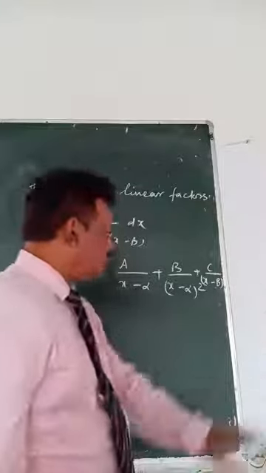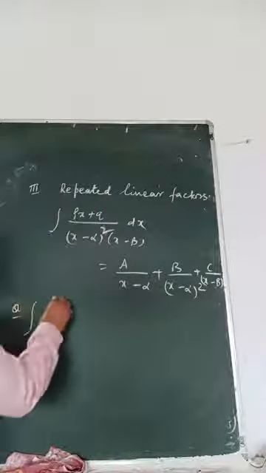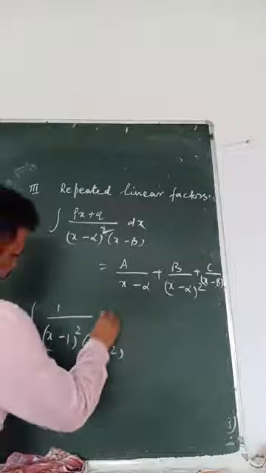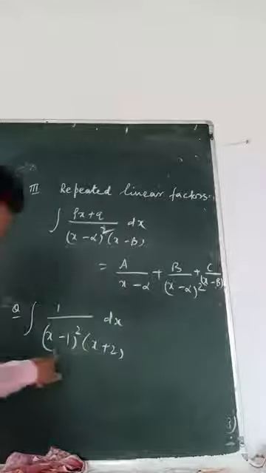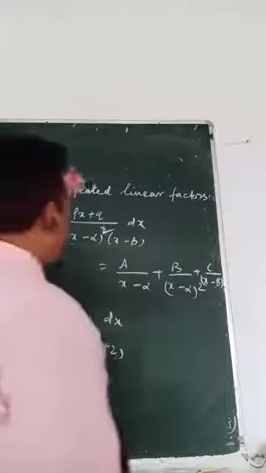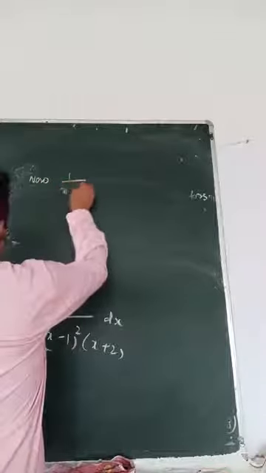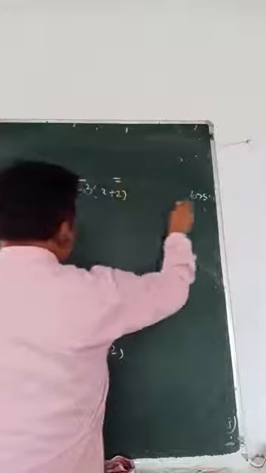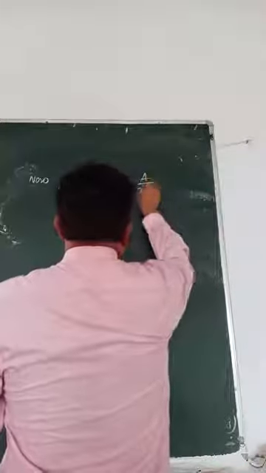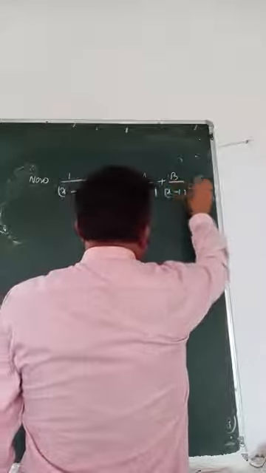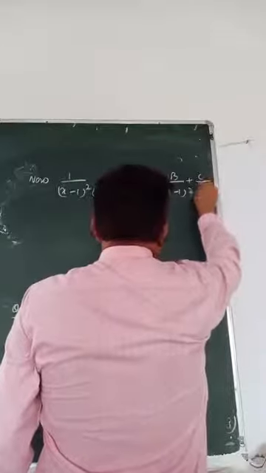So let's take a question like this. Suppose I got a question: integral of 1 by (x minus 1) whole square times (x plus 2) dx. Repeated roots. So now you write: 1 by (x minus 1) whole square (x plus 2) equals A by (x minus 1) plus B by (x minus 1) whole square plus C by (x plus 2).